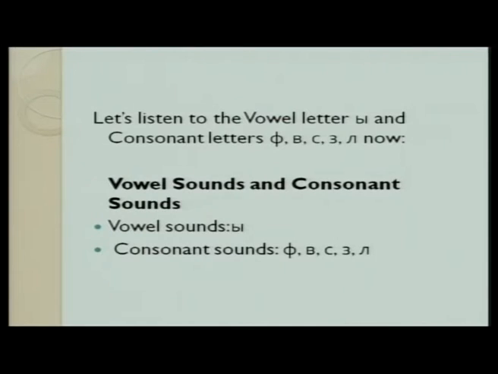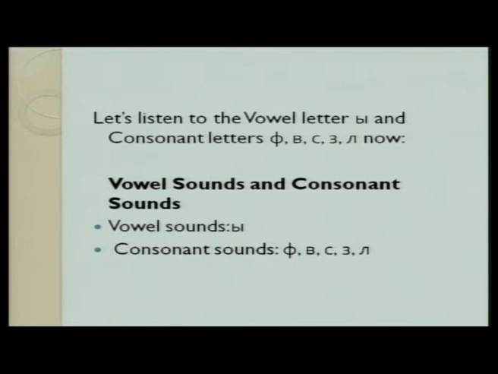Let us listen to the vowel letter U. I will repeat, letter U. And we will be covering a few more consonants here like F, V, S, Z, L right now. Vowel sounds and consonant sounds. How do we differentiate between them?